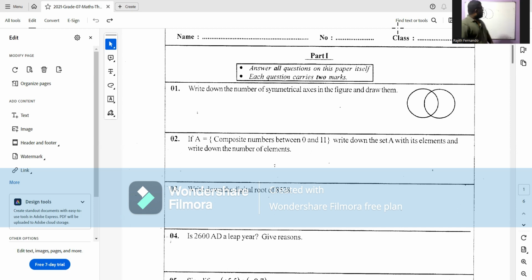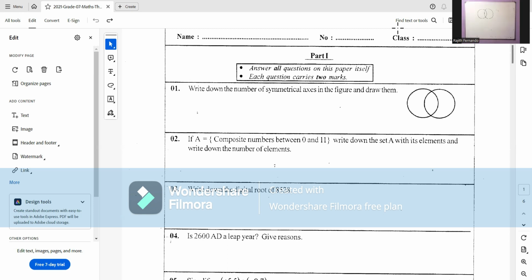So, okay, our first question. I have given the paper to you, and the first question asks you to write down the number of symmetrical axes in the figure and draw them.